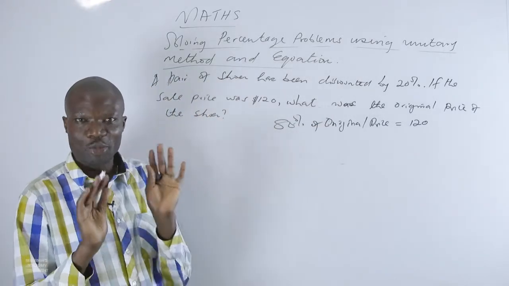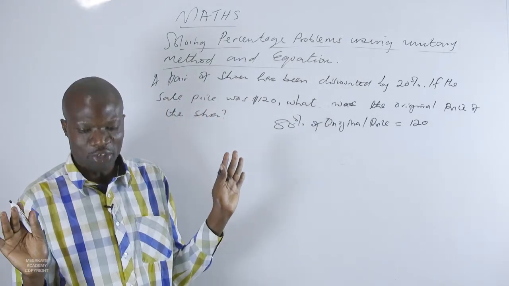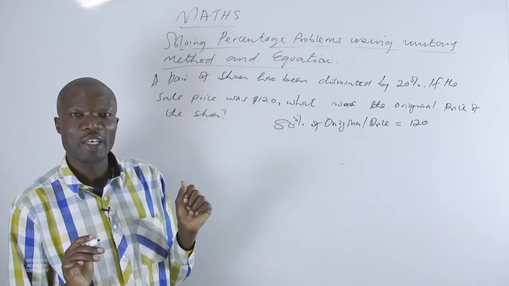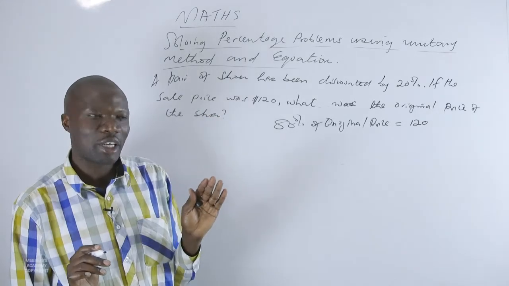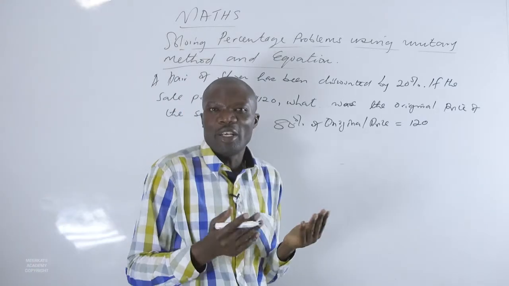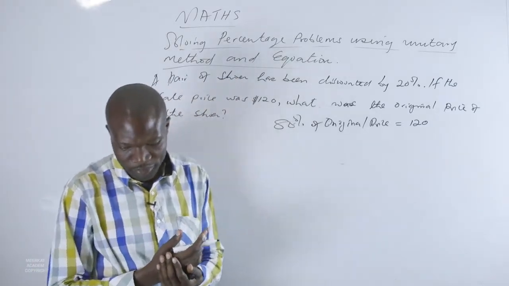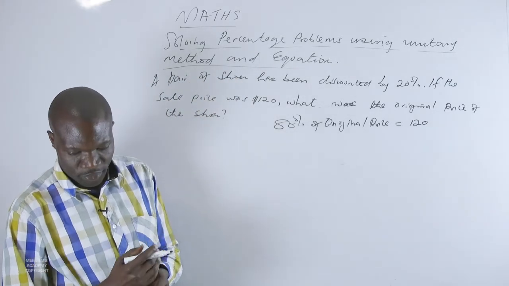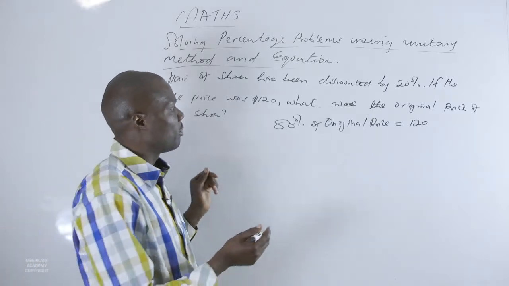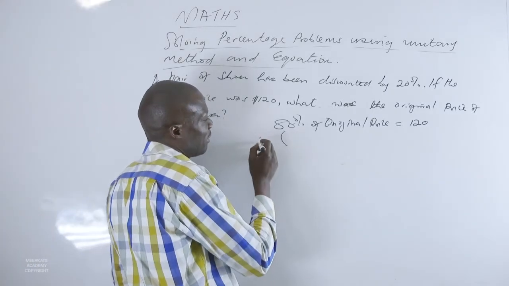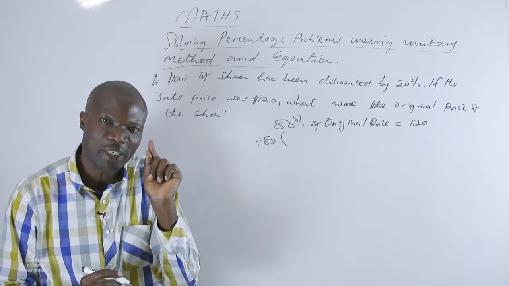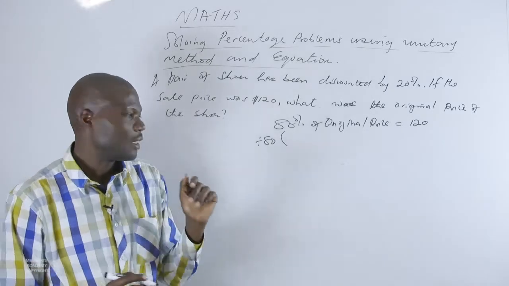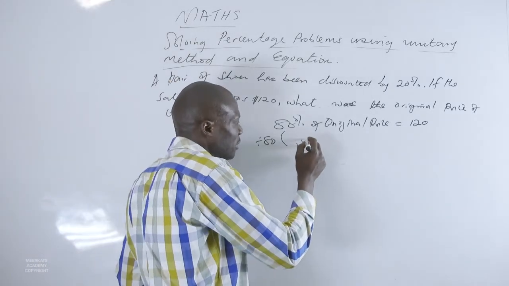Then the question is, we are working with what we call the unitary method. If it's the unitary method, we want to find out what 1% represents. 1% will mean we divide this side by 80, and 80% divided by 80 is 1%.